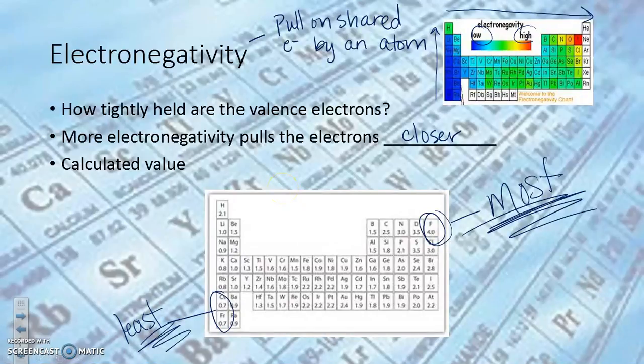And the question could be, why? All right, well, think about it. Fluorine has a decent amount of electrons and neutrons in it. It doesn't have as many as cesium and francium do, but the electrons that it does have are all located on the same energy level.